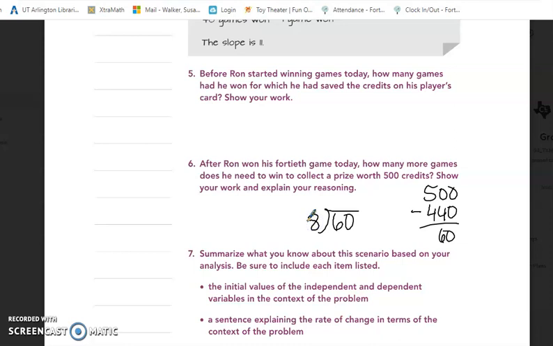So divide that really quickly and let's see what we get. 7, 56, 4, I have a remainder of 4. So 7.5. So if I win 7 games, I'll only have 56 tickets. So I actually need to win 8. Okay, so I need to win 8 to have enough.